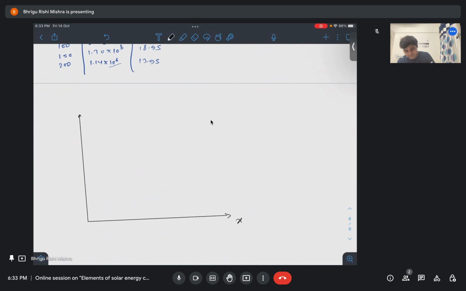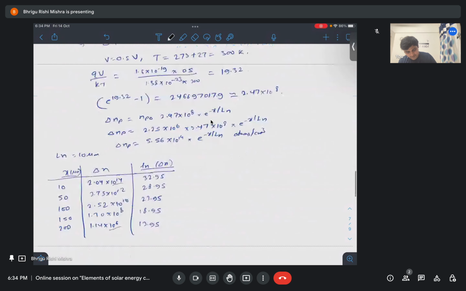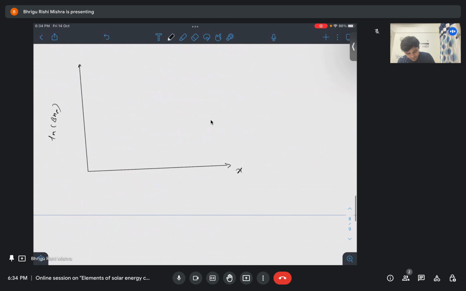X, and this is ln delta n p. Okay, these are all delta n p. So that this is origin 0.